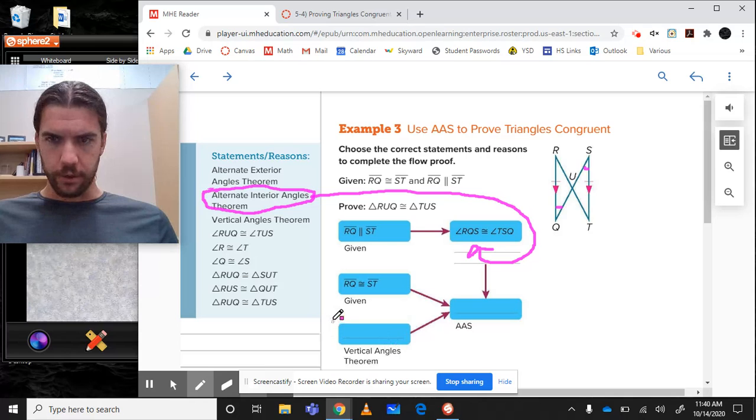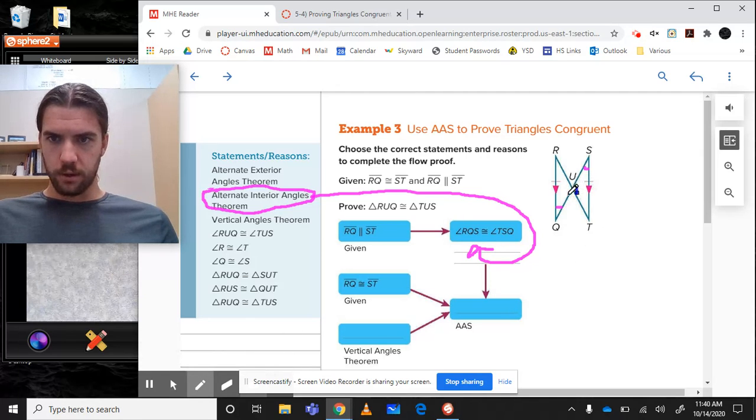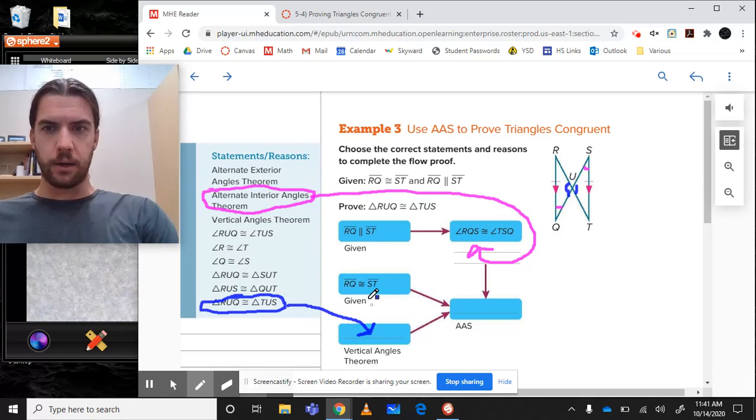So thinking about vertical angles here, the only pair of angles with these two triangles that would be considered vertical angles, directly across from a vertex, I think is going to be these two. So it should be that RUQ is congruent to SUT, which is going on right there. RUQ congruent to TUS. Okay, so that would go into that box. That's the vertical angles theorem happening.